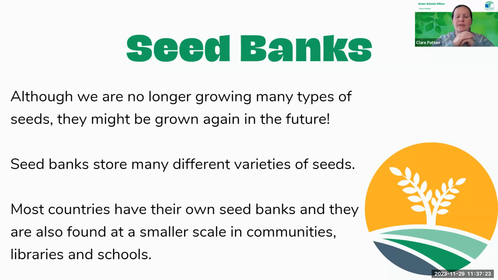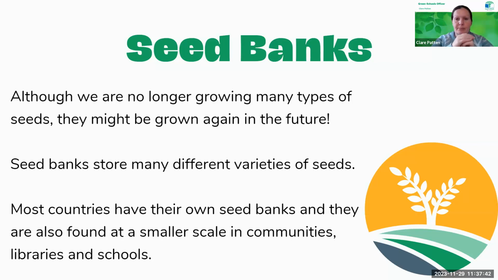And these exist in really large places and also on a really small scale. There are some small communities, libraries, even schools that have their own seed banks or libraries where they might just have 100 different types of seeds.